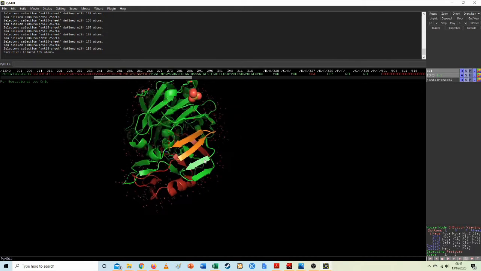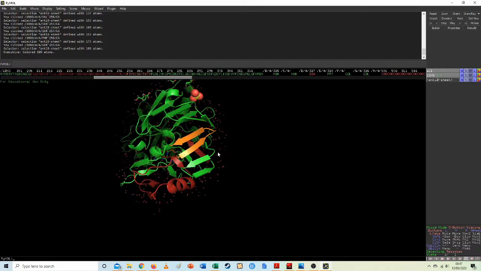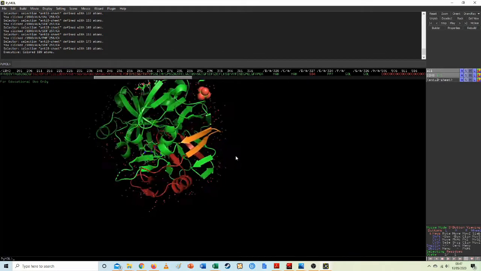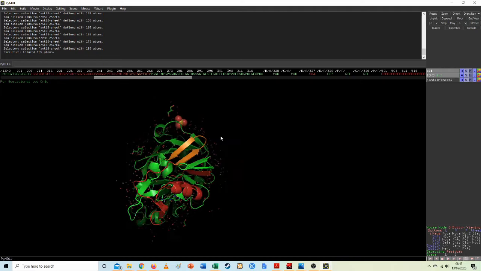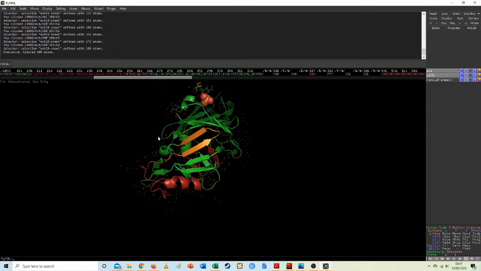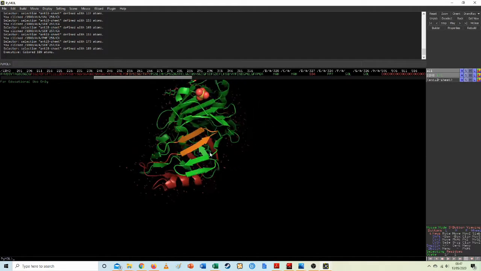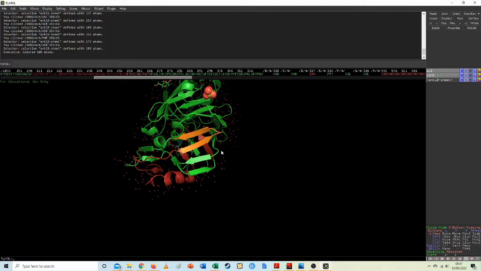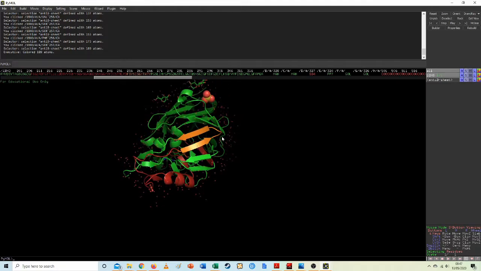So it is important to appreciate that the beta pleated sheets are a little bit harder to understand. That motif is a little bit less obvious in terms of being able to simply look at something and say that it's going to form a beta pleated sheet.